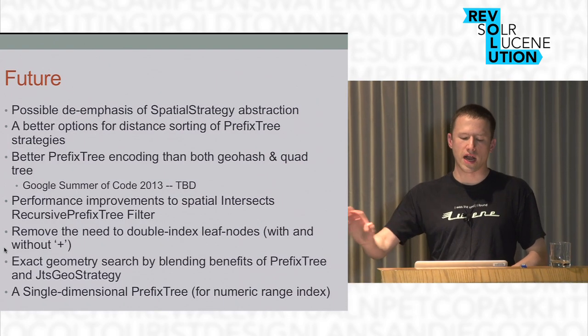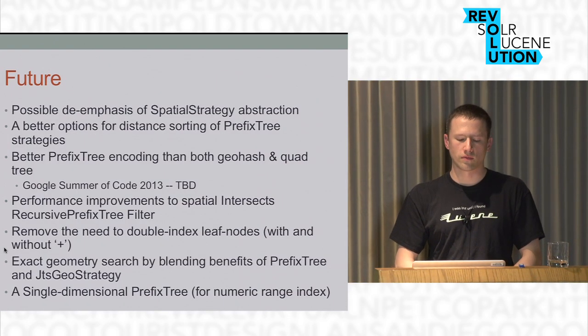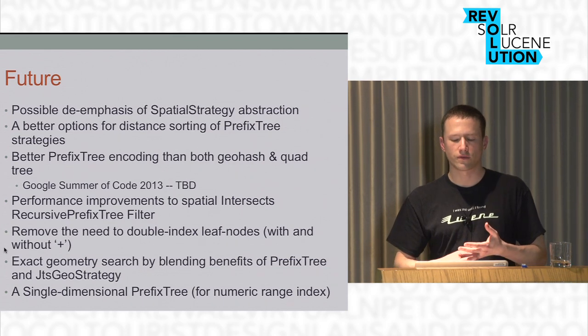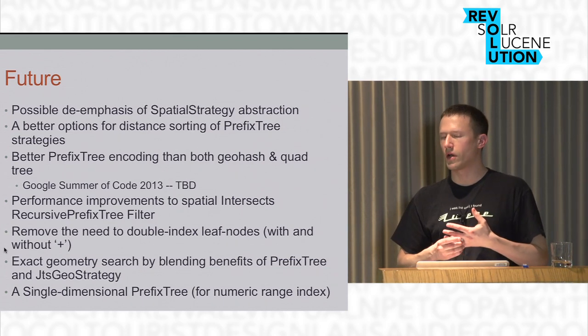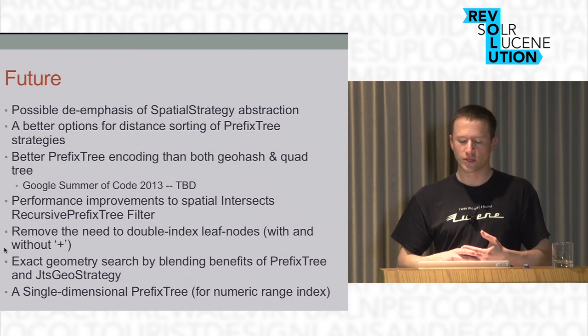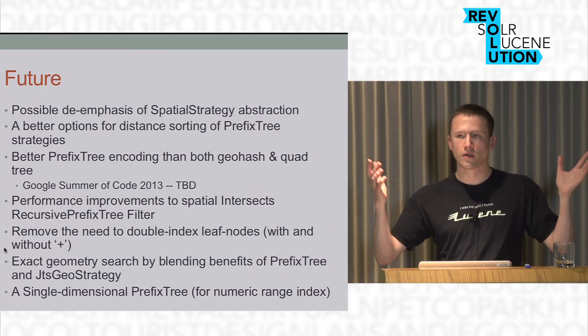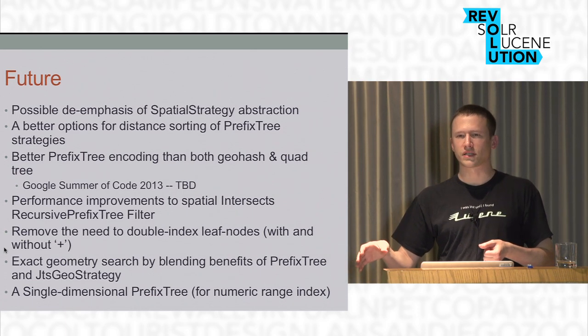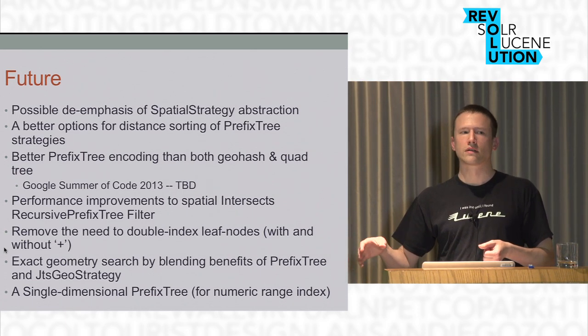A couple of things I want to highlight about what's going to be added in the future. There really needs to be a better distance sorting, a better cache for the prefix tree. There's a couple of implementations I have in mind, actually, one of which is based on memory. There's another approach where at the very same time that you're doing the intersects, you could also calculate the distance right then and there for every point that you see.